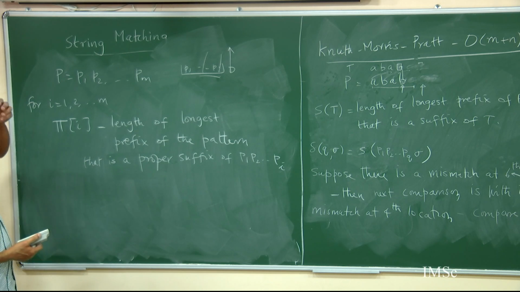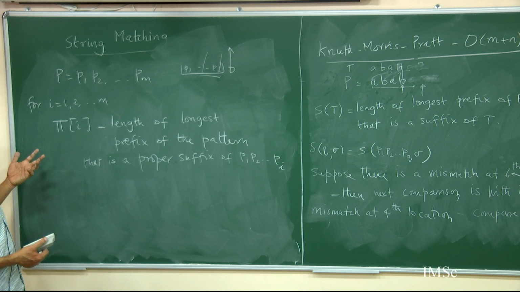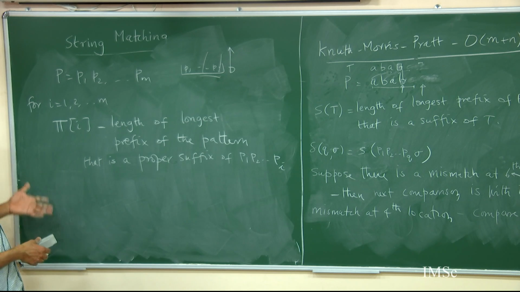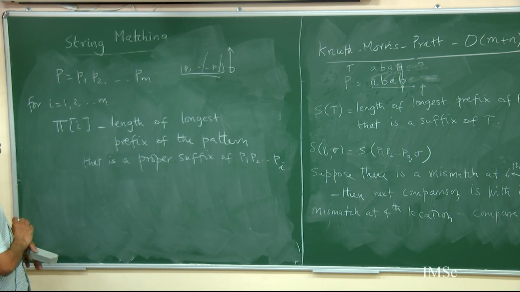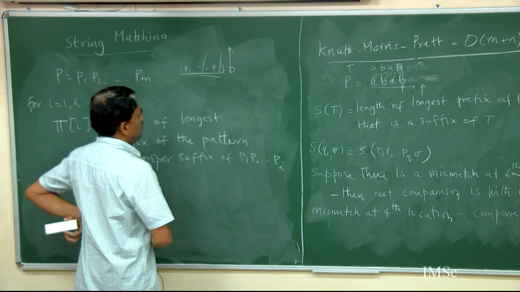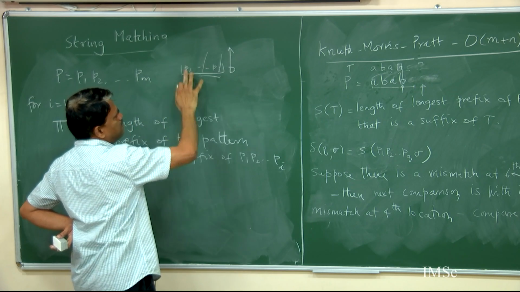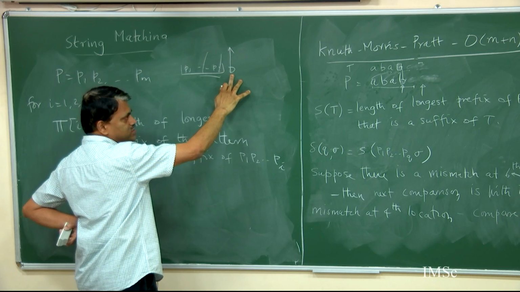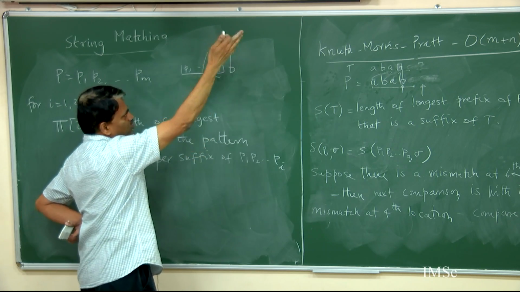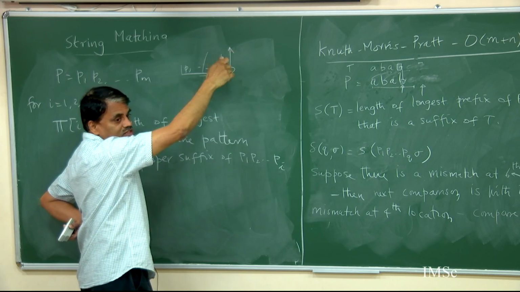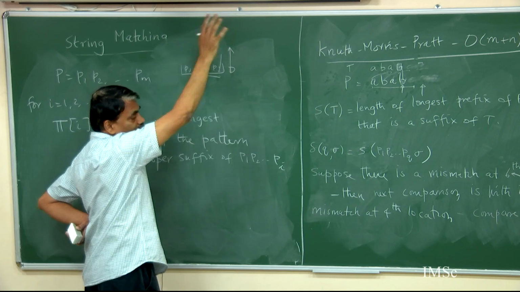So, let us compute this pi of I for every character and store it. And then the text string matching is clear, because more or less I run the naive algorithm, start matching, and the moment I have a mismatch, I do not even need to know what the sigma is, what this character is, I do not care.